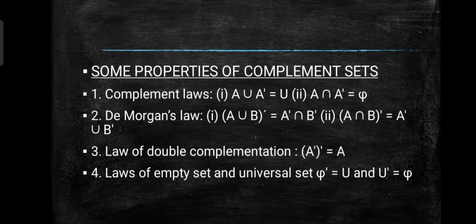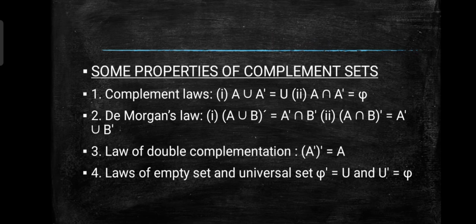And then you have properties for complement sets as well. So A union not A would be the universal set. Just imagine again, you have a set A, and what do you call a set that is not A? U minus A, right?